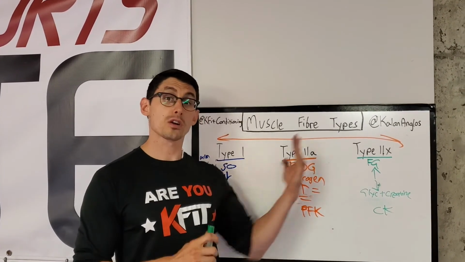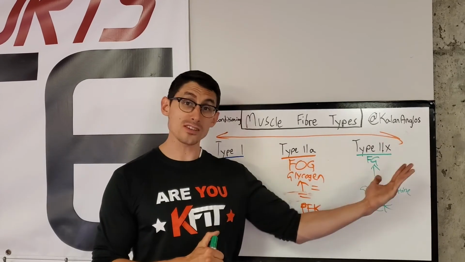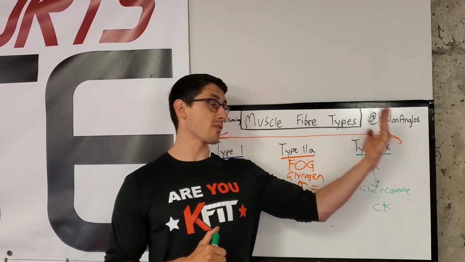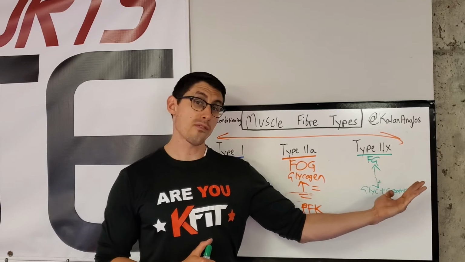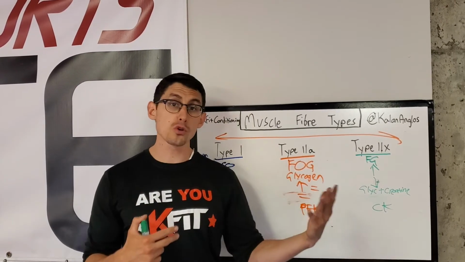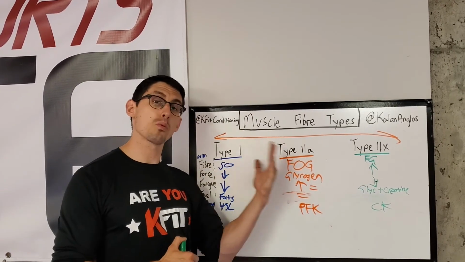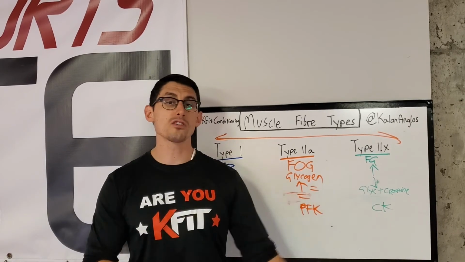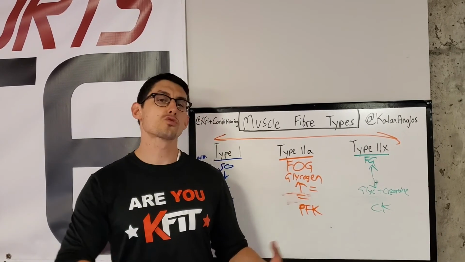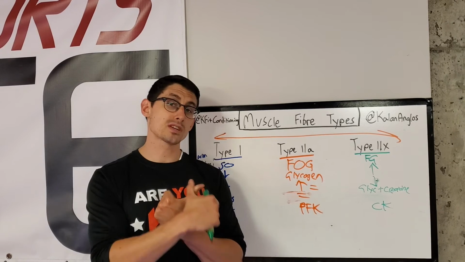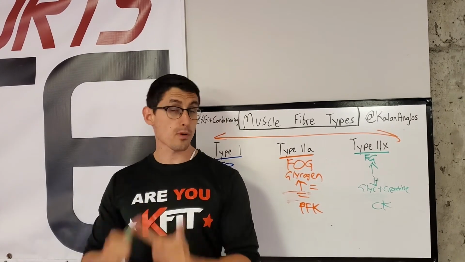If you train more explosively, more fast twitch, you're going to use more of the type 2X fibers. If you train more for endurance, more slow twitch, you're going to use a little more of the type 1 fibers. Depending on how you train and your genetics determines not only what muscle fiber types you have, but also how well they perform.